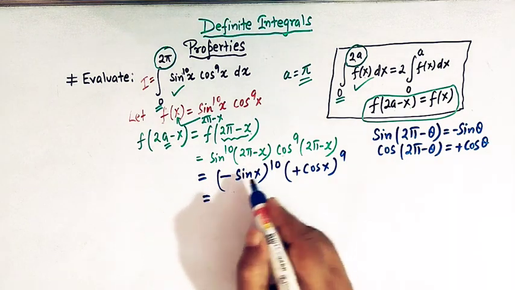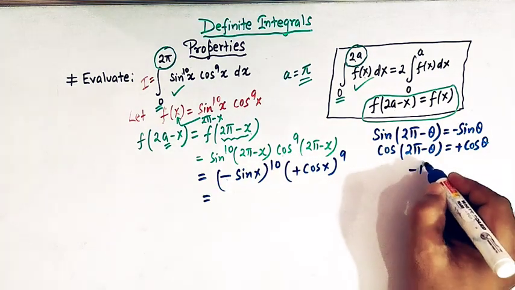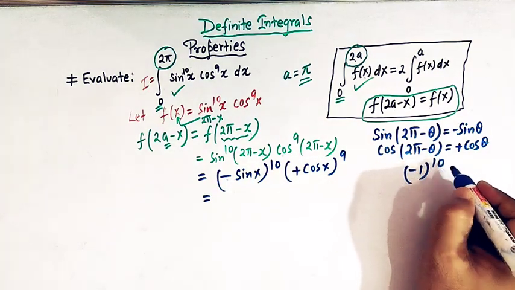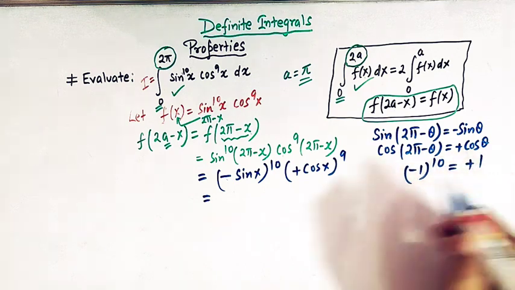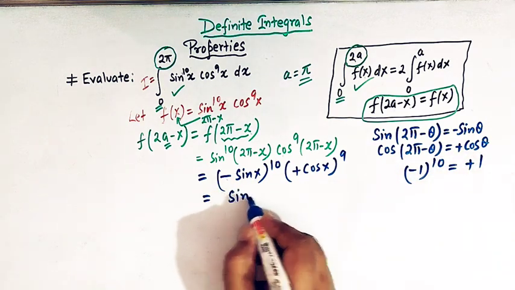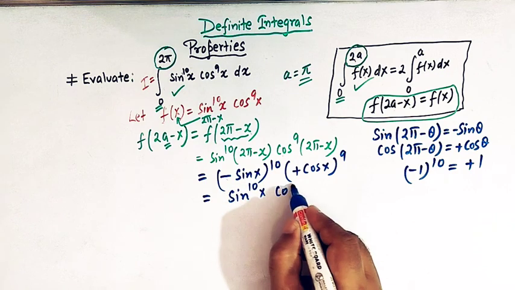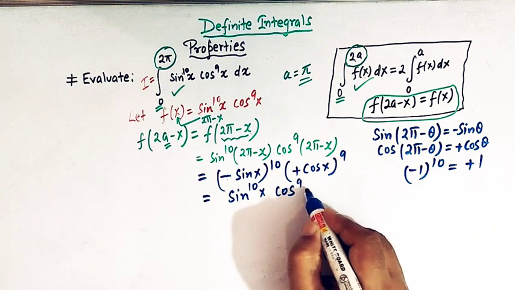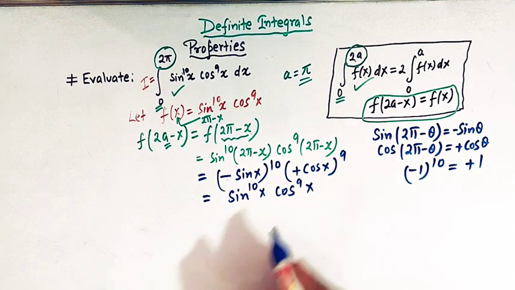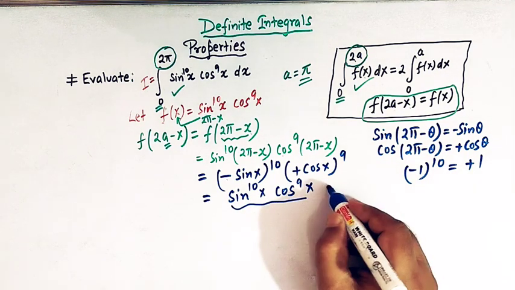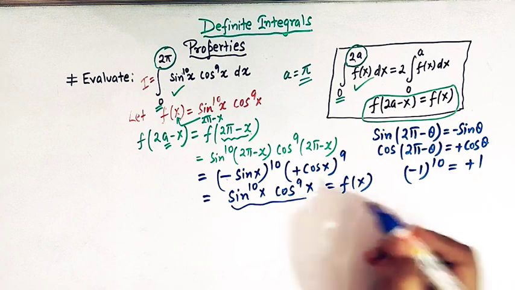Minus 1 raised to 10 is positive 1, so we are left with simply sine raised to 10x cos raised to 9x, and we can see that this is f of x.